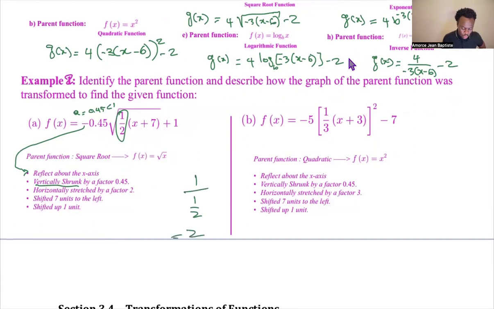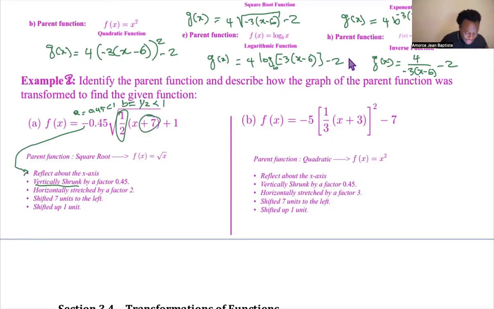That is 2, because it's inside. The factor should be the reciprocal of the number that is in the equation, and it's inside. That's why it's a stretch. It's B equals 1/2. That's less than 1. That's why it's a stretch. And then when you take the reciprocal, it gives you 2 for the factor.